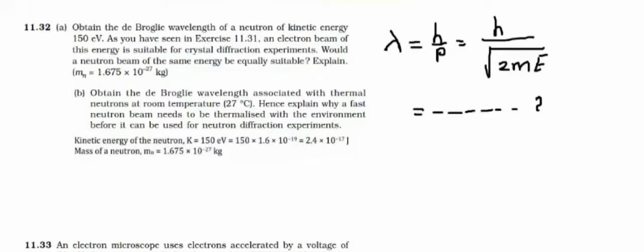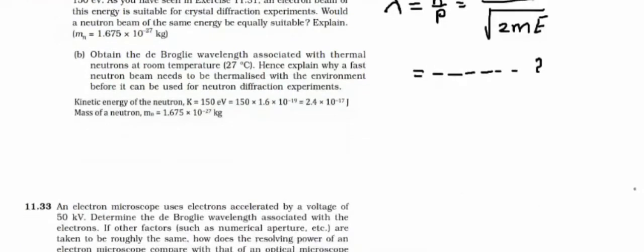In the same way as you use an electron beam instead of X-ray, is it possible to use a neutron beam to study crystals, diffraction experiments and all? That is the second part.